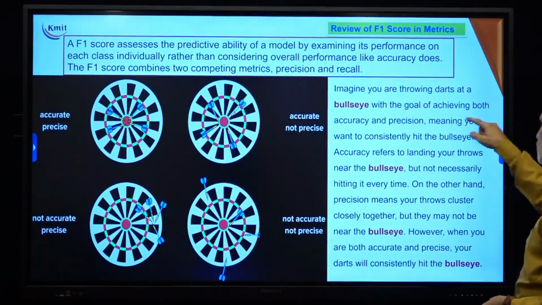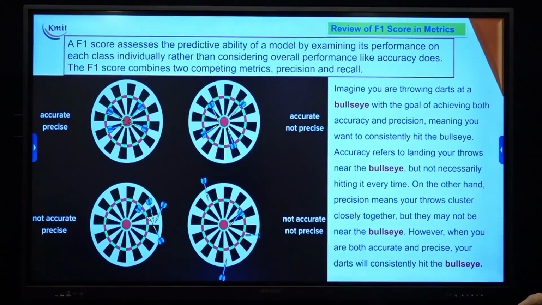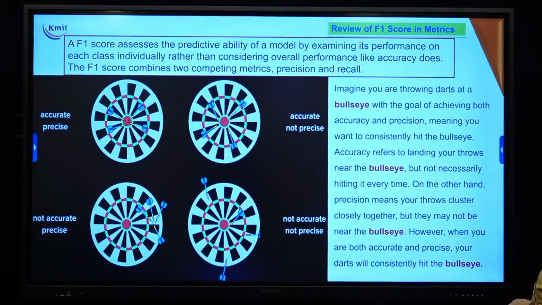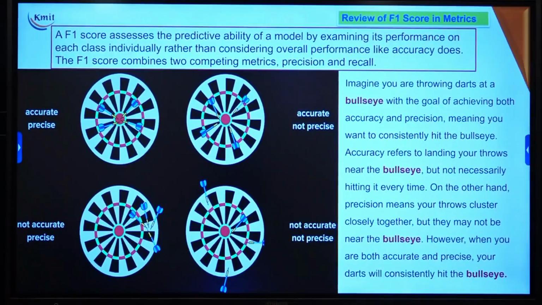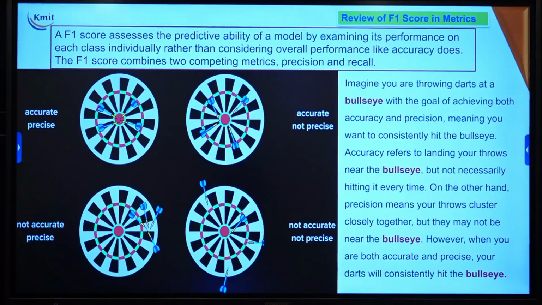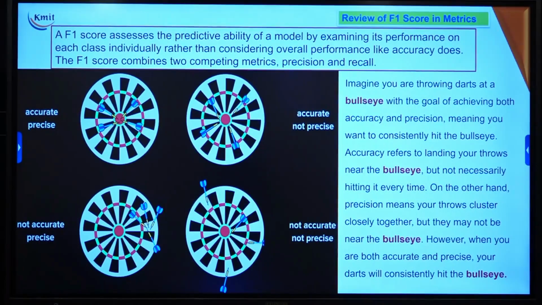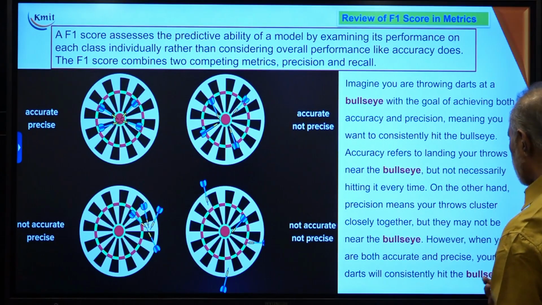So, imagine you are throwing a dart at a bull's eye with the goal of achieving both accuracy and precision, meaning you want to consistently hit the bull's eye, which is shown in the red color. Accuracy refers to landing your throws near the bull's eye, but not necessarily hitting it every time. If you are able to hit every time, you are perfect, but if it is not possible, no problem, you are more accurate.